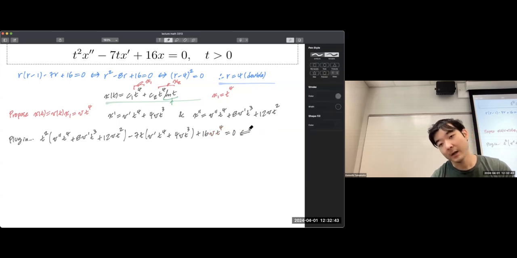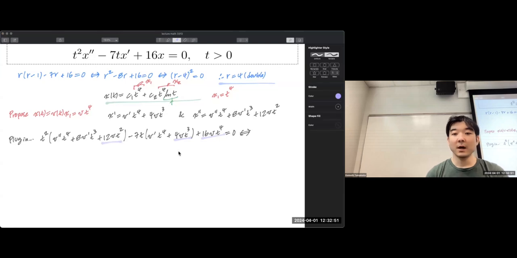Okay, let's underline all the v terms. This is a v term. This is a v term. This is a v prime. This is a v term. So there's 3 of those. Let's look at if they should cancel. This t squared distributes to this t squared. That becomes a t to the 4. So this is a 12 and a 16 v t to the 4.